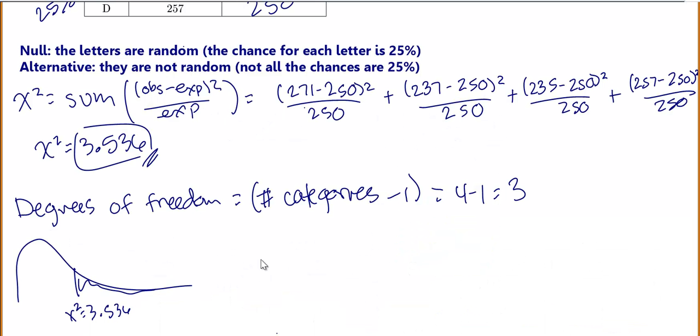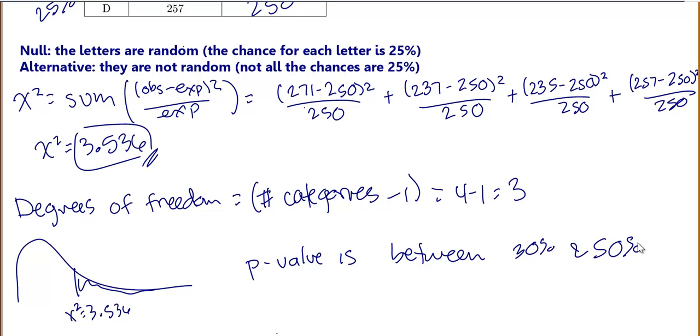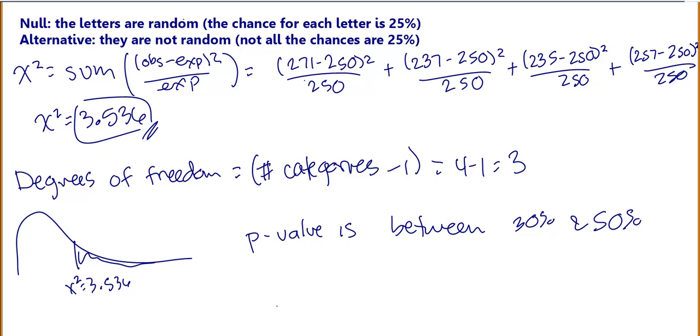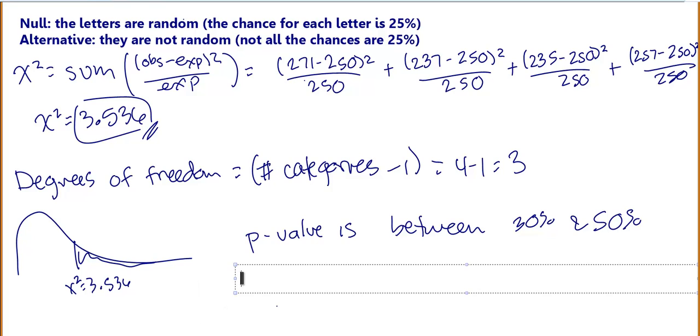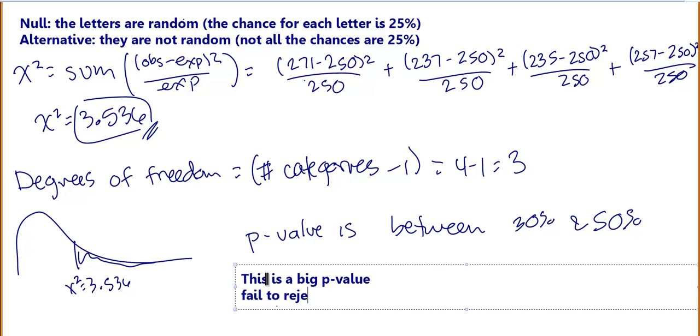So my p-value is between 30% and 50%. This is a big p-value, so we fail to reject the null hypothesis.